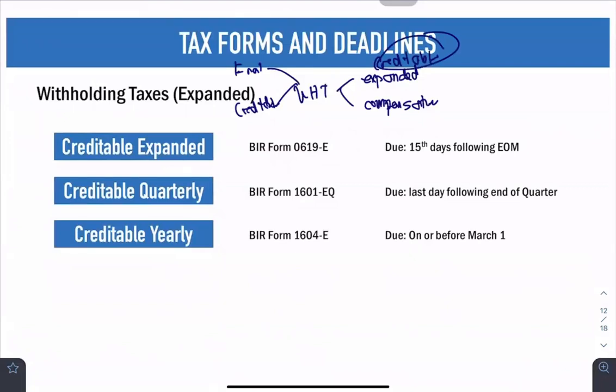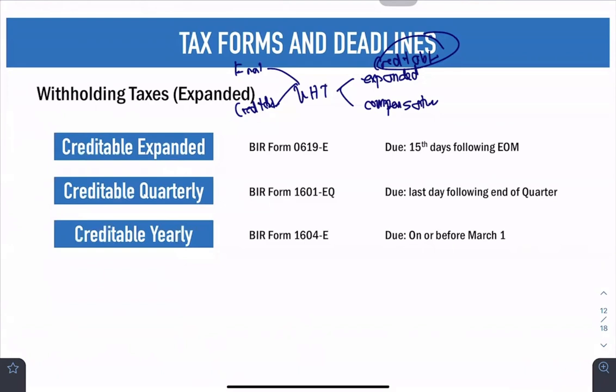Some common examples of expanded withholding tax are professional fees. Aside from that, we have also rental. Those are the most common withholding taxes. For compensation, this is your withholding on compensation for your regular employees.